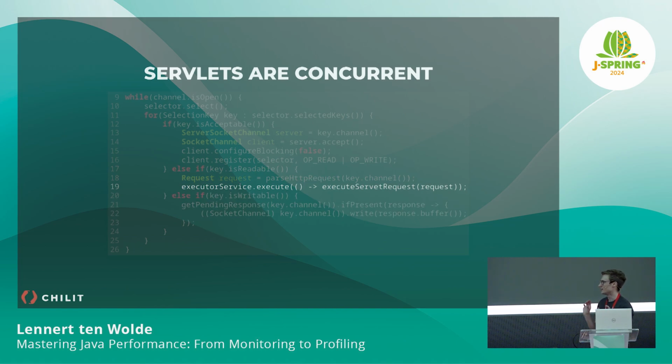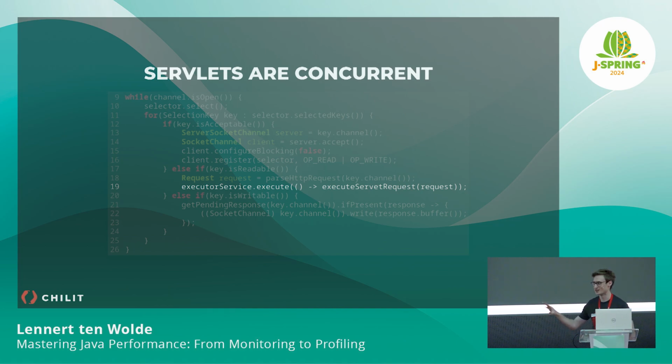But the key point is here, most web servers can read data from all of their connections very efficiently, but eventually it has to execute, and it's going to do that by dispatching to a scheduler. So when your method runs inside your controller, it's running on one of, for example, the 20 or 50 threads that your HTTP server has allocated.